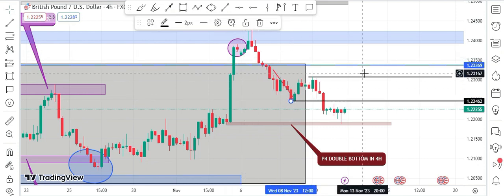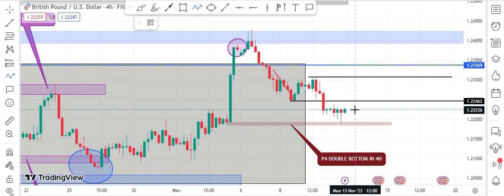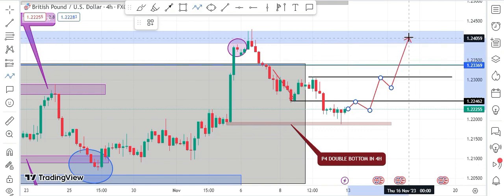So if the price comes here and mitigates the fair value gap here and here, then it will take the liquidity from here again. It needs to take the liquidity. So there is one option, let us draw one by one. It will go like this a little bit, then come here, then it will test here, and it will go up to this position.